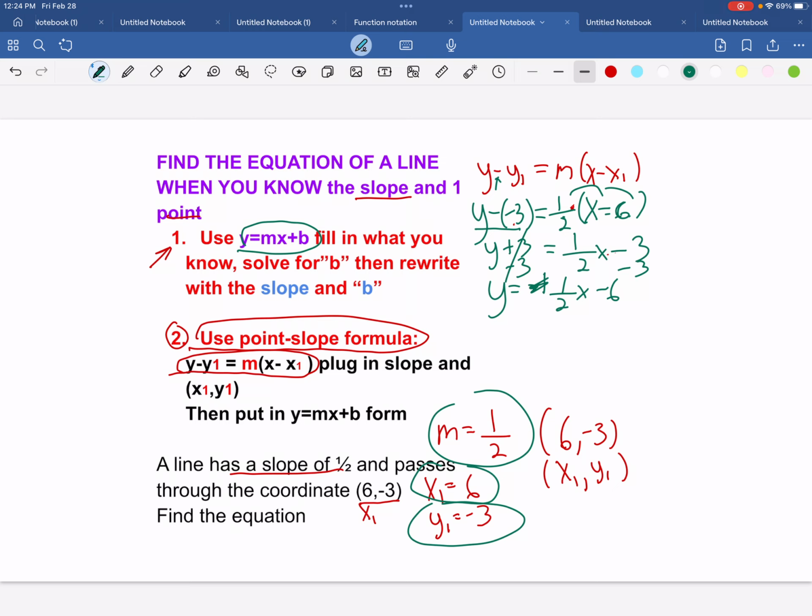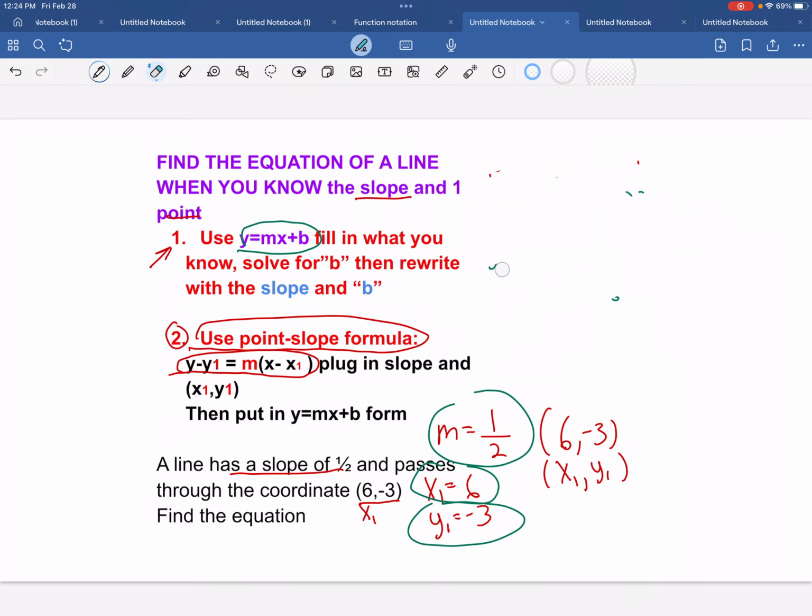But I want to show you the other method for solving this, which some people do, and it's a little bit quicker if you know what you're doing. It says use y equals mx plus b and fill in some information. So I would write the equation y equals mx plus b above.